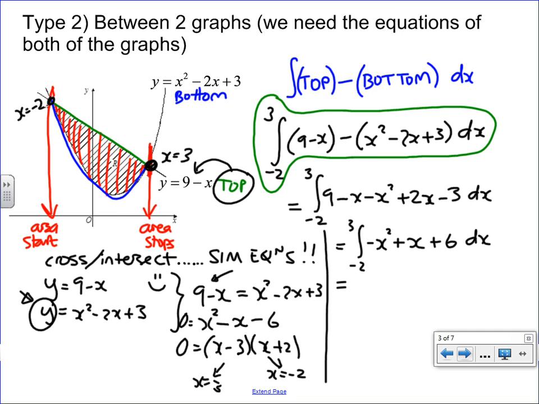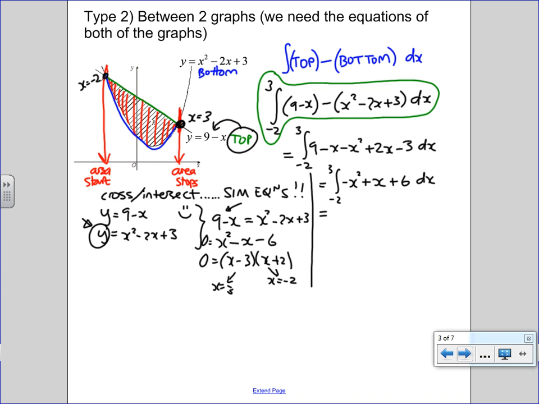So I will integrate. Good luck. Thanks, yep. So, right, minus, and then x, and then x, and then 6, and the limits are minus 2 to 3. The 2 increases to a 3, turn it upside down. The 1 increases to a 2, turn it upside down.